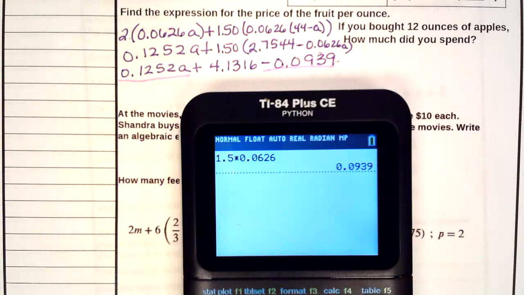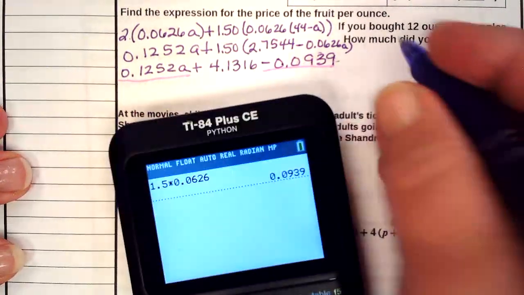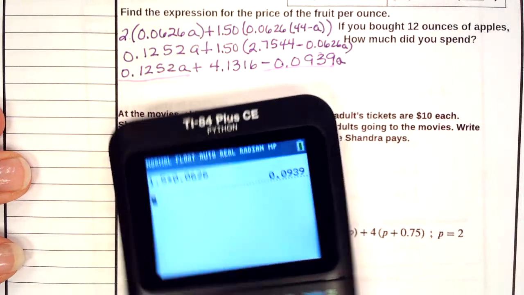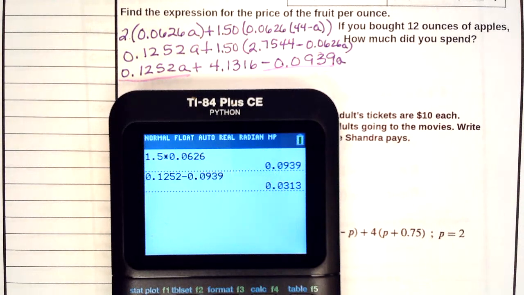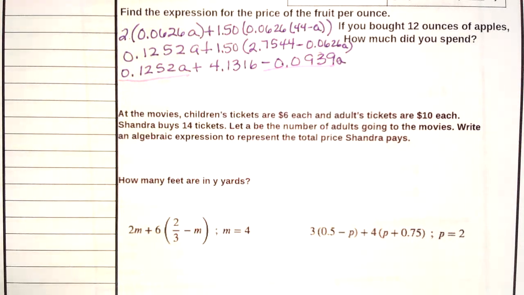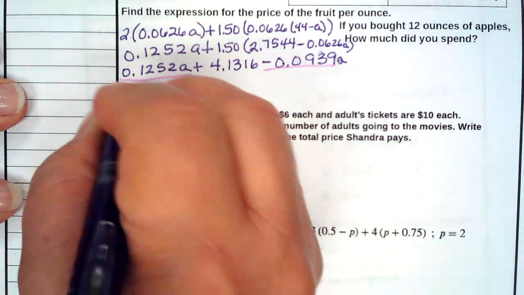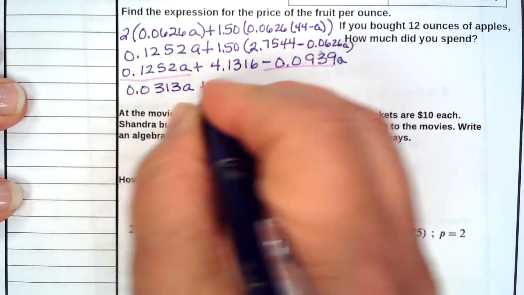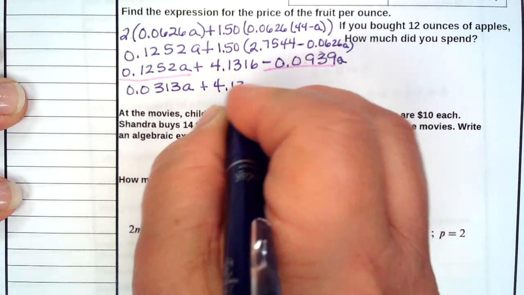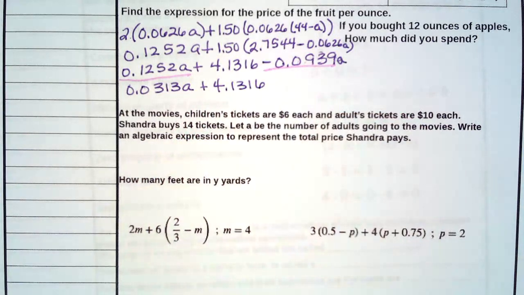So if you notice, I had actually copied down this part wrong. Okay, so now 0.1252 minus 0.0939, and I get 0.0313 A plus 4.1316. Combine my like terms. This is the expression I would look at.